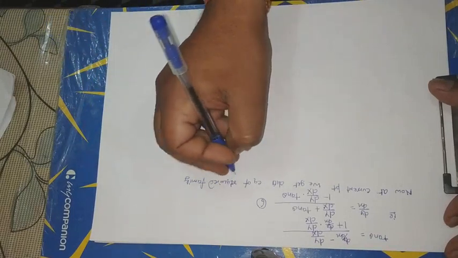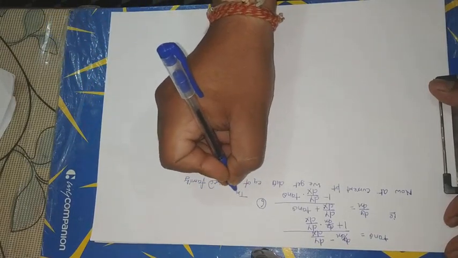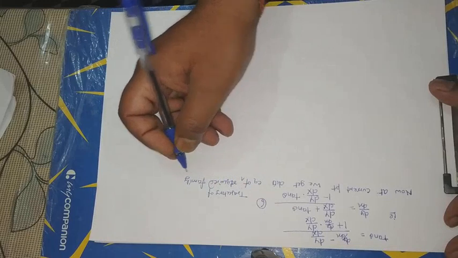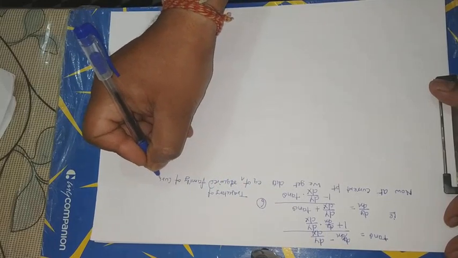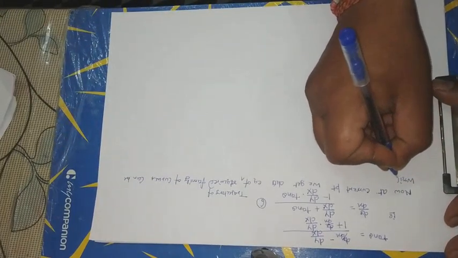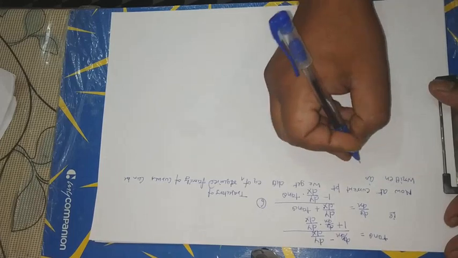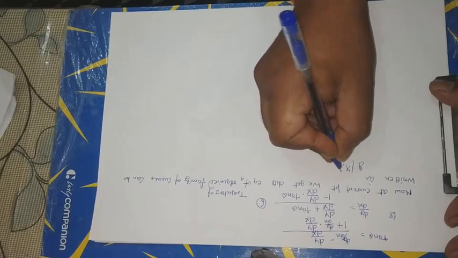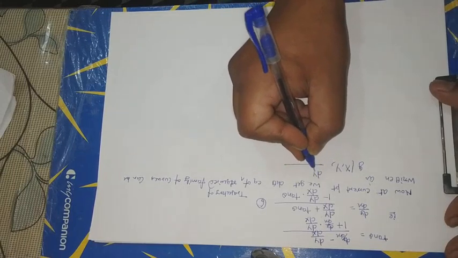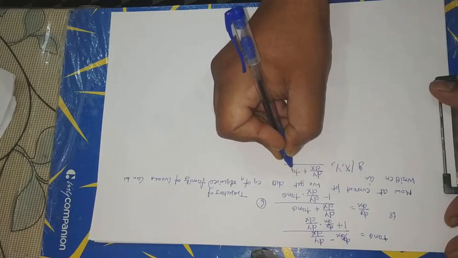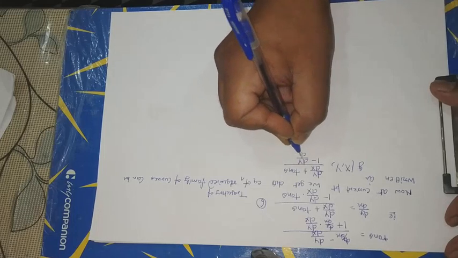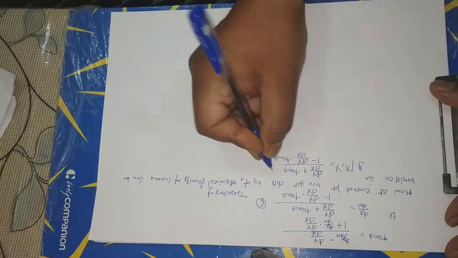The differential equation of the trajectory of the required family of curves can be written as G of capital X, capital Y, capital dy dx plus tan theta upon 1 minus capital dy dx into tan theta, is equal to 0.